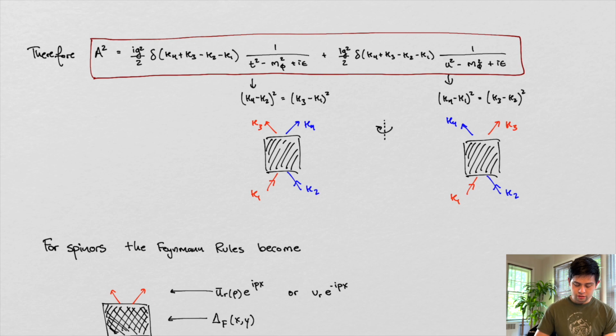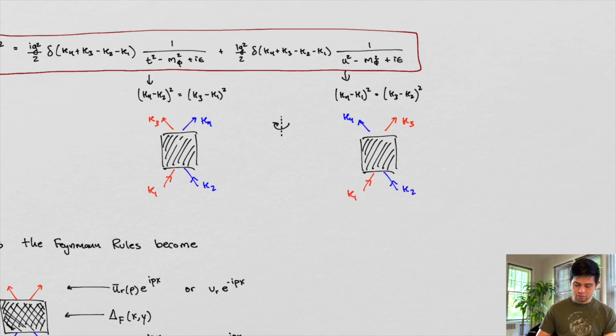So this is, again, a conservation of momentum principle. We're saying that the momentum change between 4 and 2 is equal to the momentum change between 3 and 1. Whereas the other term accounts for the potential outcome in which the difference between 4 and 1 is the same as the difference between 3 and 2.